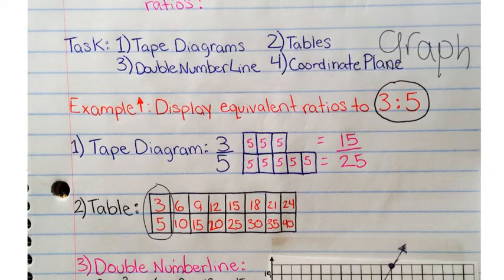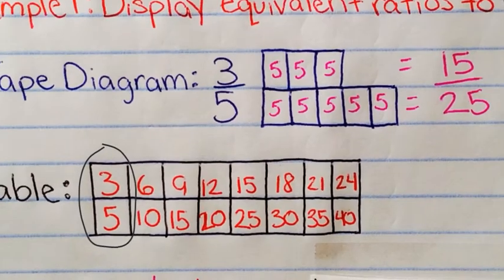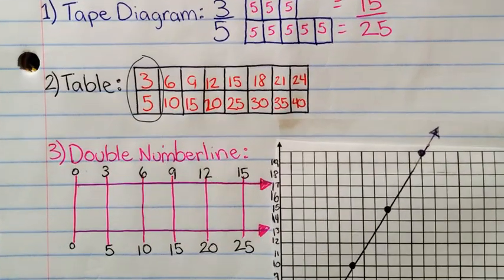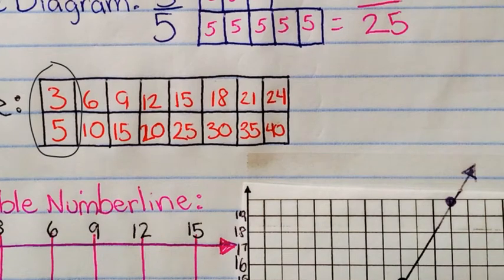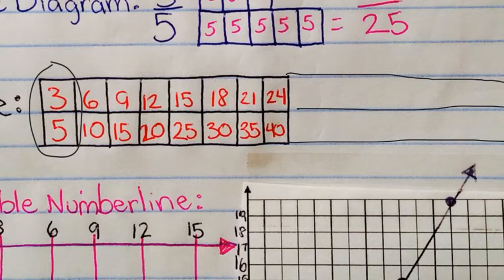Now, the table is a cool model because it's a great way to organize all of the different possible ratios forever and ever for any given ratio. So if I wanted to, I could extend this table forever and ever. All I would have to do is keep counting by 3 on top.